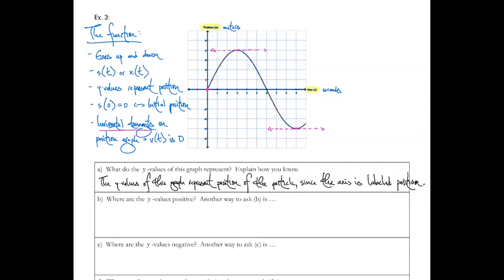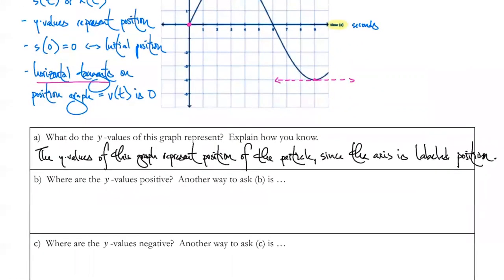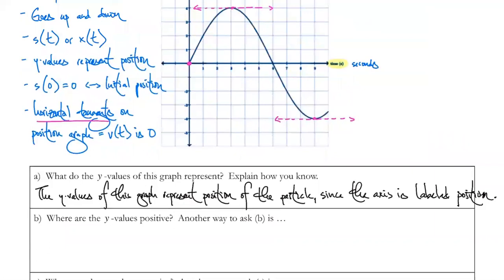Now, one thing I want to be really careful about is whether we're using brackets or whether we're using parentheses, okay? So when we say where are the y values positive, this y value at 0 is actually 0. And 0 is not positive and it's not negative, okay?